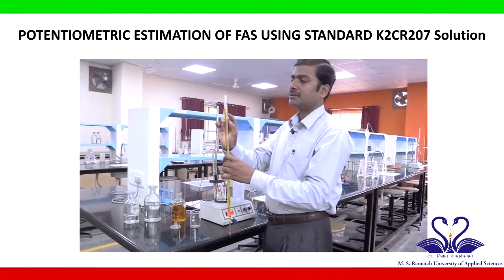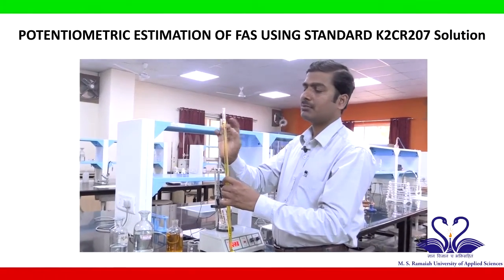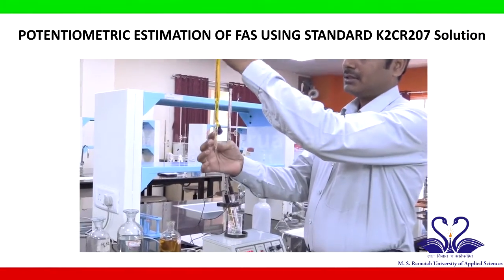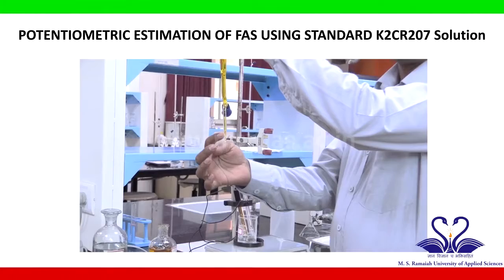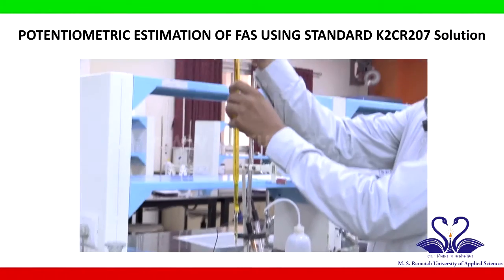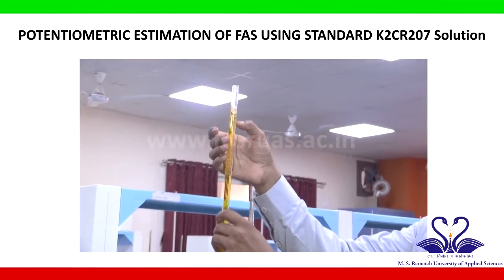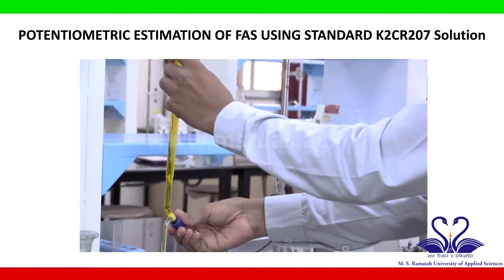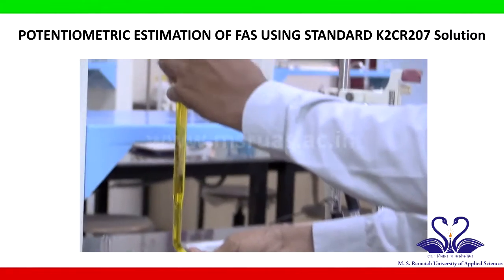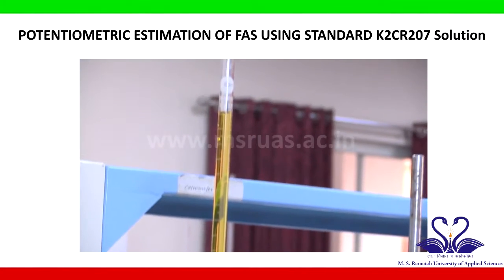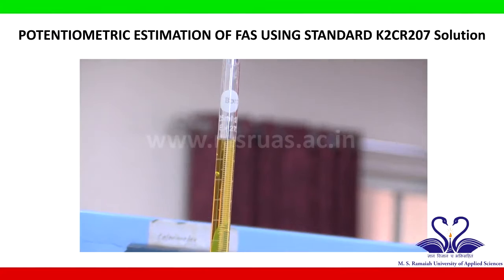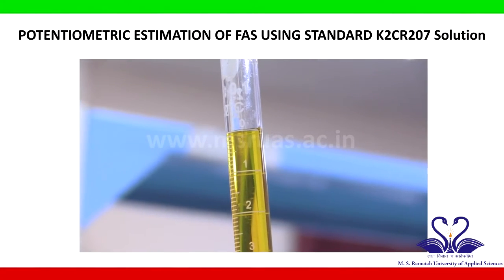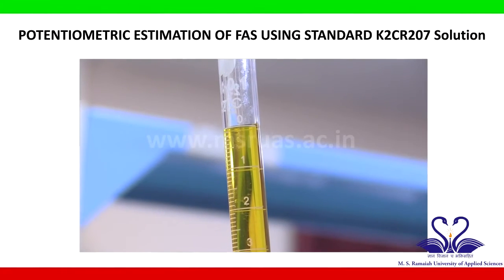So we have taken the potassium dichromate solution a little above 0. Again we have to see that there is no air gap here. Then adjust this solution to the 0 mark exactly. Now we have adjusted the solution exactly to the 0 mark.